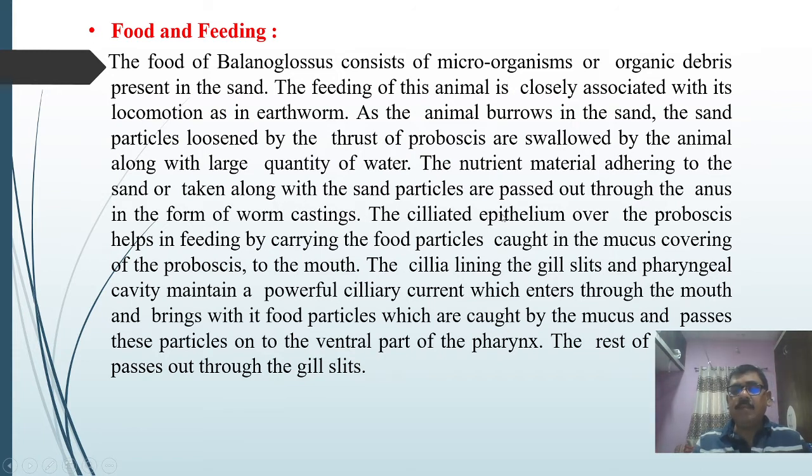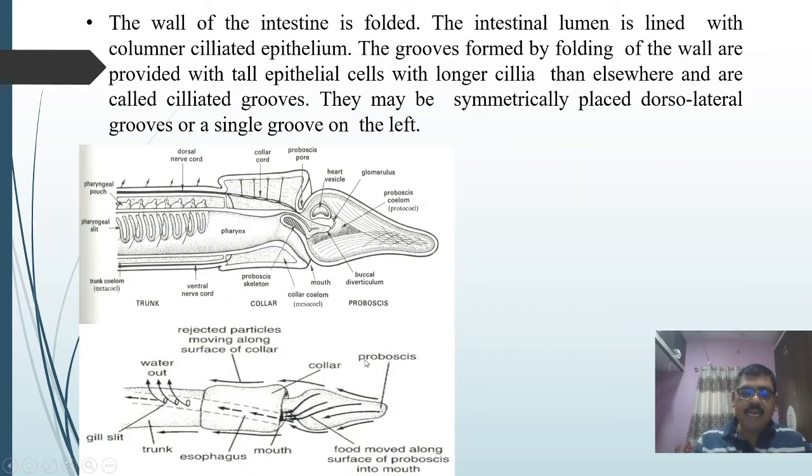The ciliated epithelium over the proboscis helps in feeding by carrying the food particles caught in the mucus covering the proboscis to the mouth. The ciliated epithelium in the proboscis and pharyngeal region secretes mucus, and this mucus captures the food material within the water.